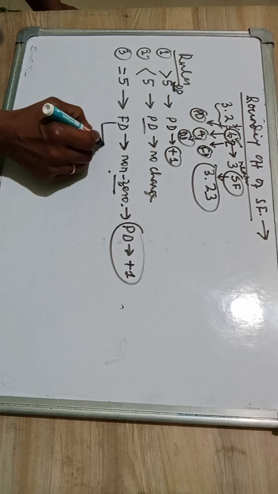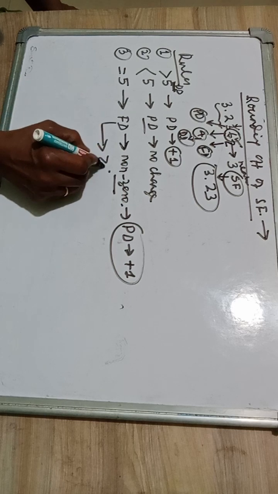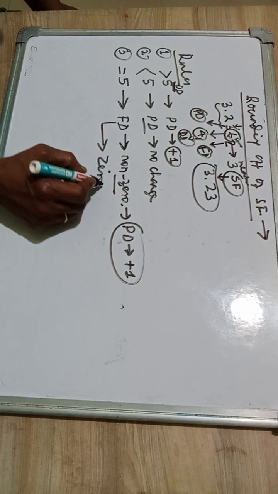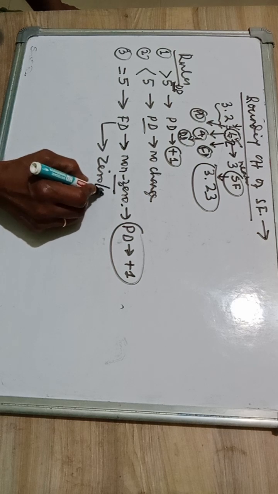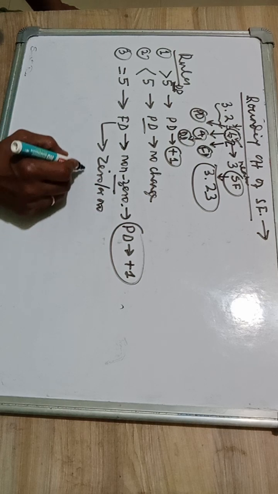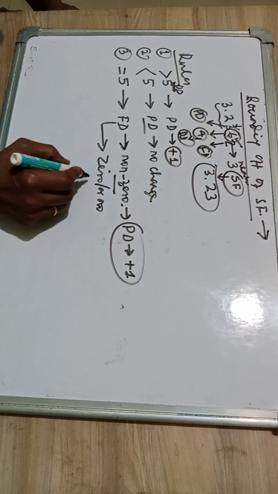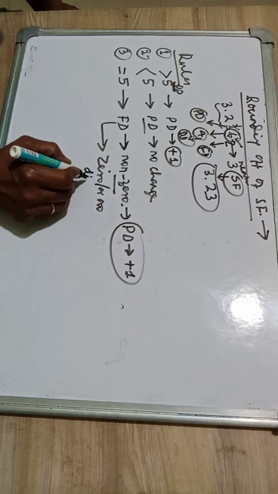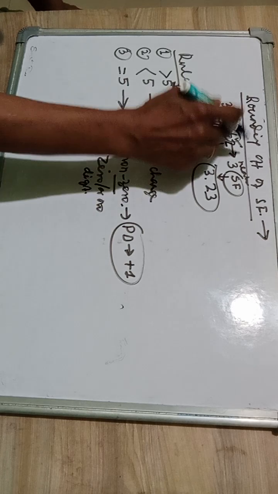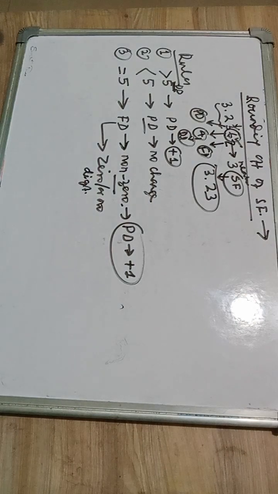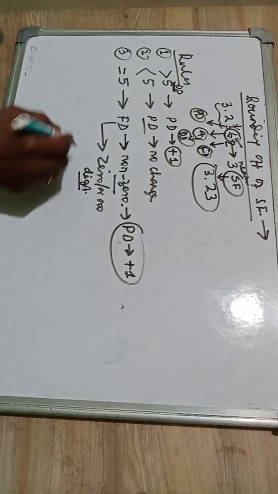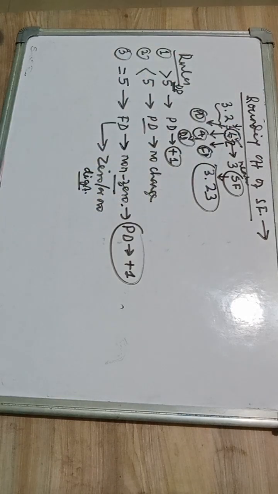If the following digit is 0 or there is no digit, like earlier, when after 6 there is no digit, or if after 6 a 0 is there.